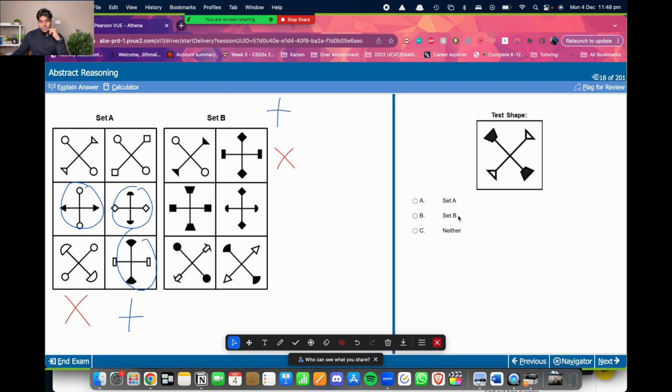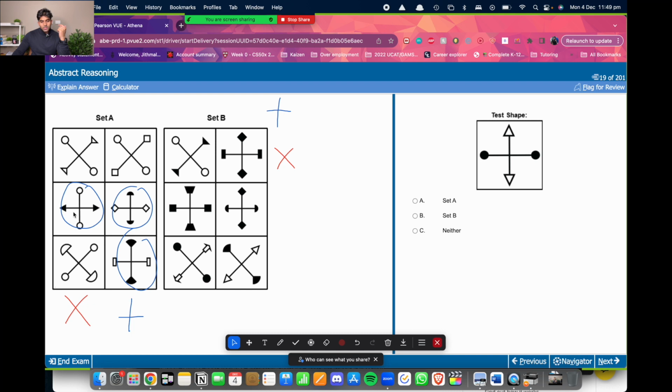Okay, different colors in an X shape. That must be set B because different colors here are in an X shape. Different colors in a plus shape. Yes. Another thing that I check for is, do I see the black being horizontal and do I see the white being vertical? And yes, I do see that here.